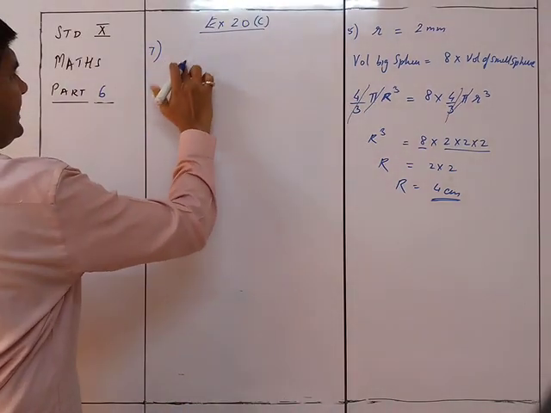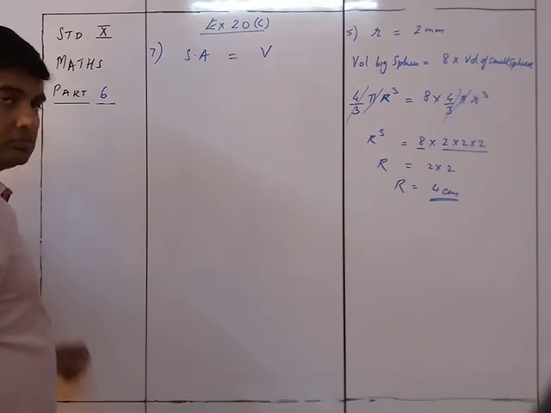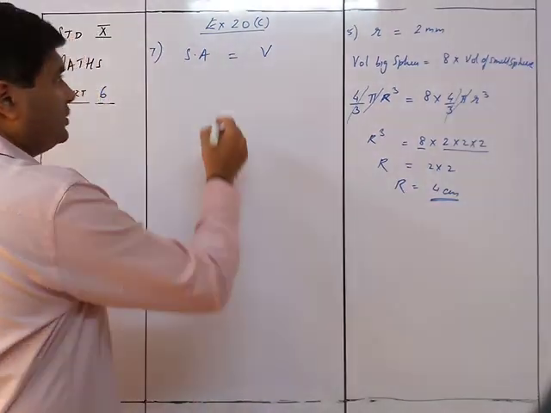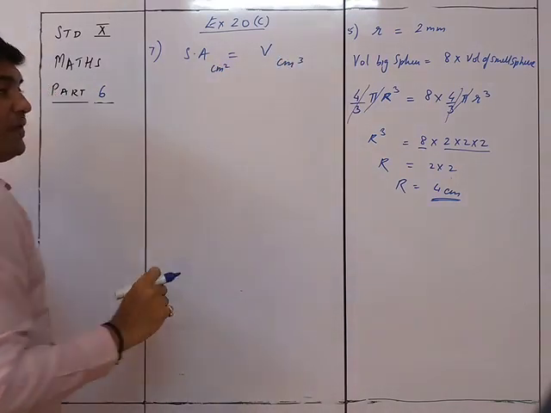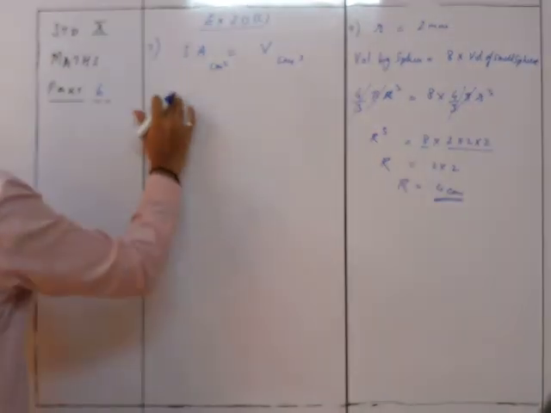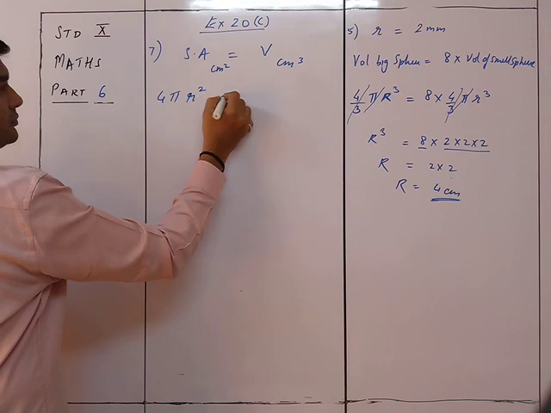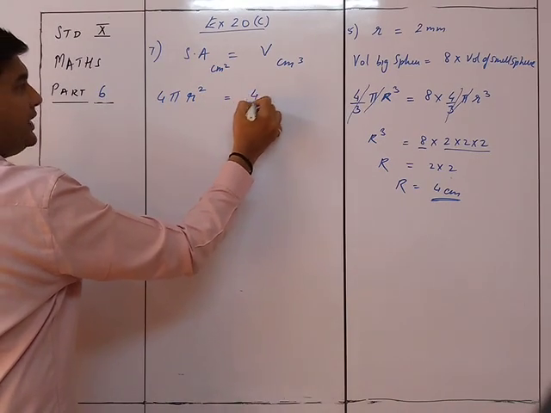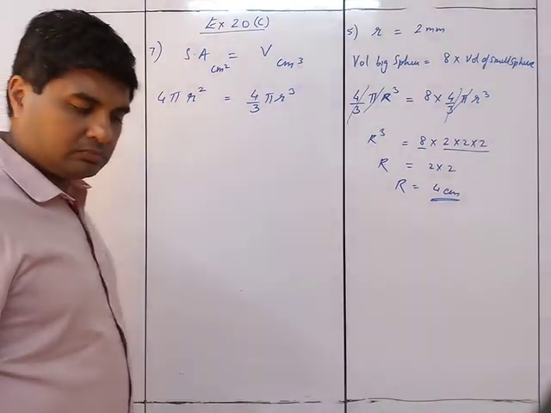So numerically, the surface area is equal to the volume. This is of course in centimeter square and this is in centimeter cube, but value wise, if x is the value, both have the same value x. So accordingly 4 pi r square is equal to 4 upon 3 pi r cube, right?